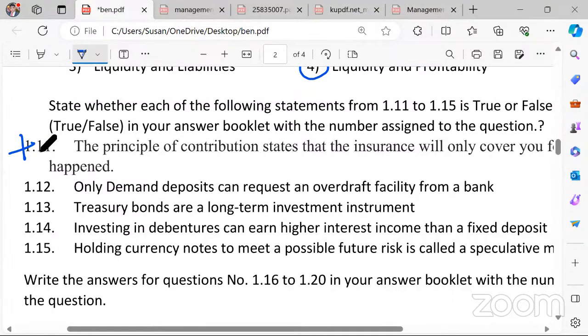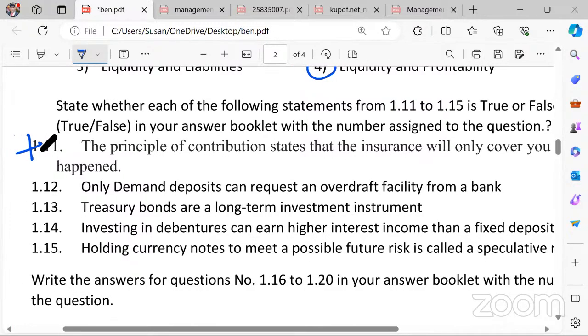Only demand deposits can request overdraft facility from the bank. You mark true or false. Give me another name for demand deposits. Current accounts. Only current accounts can request overdraft facility.